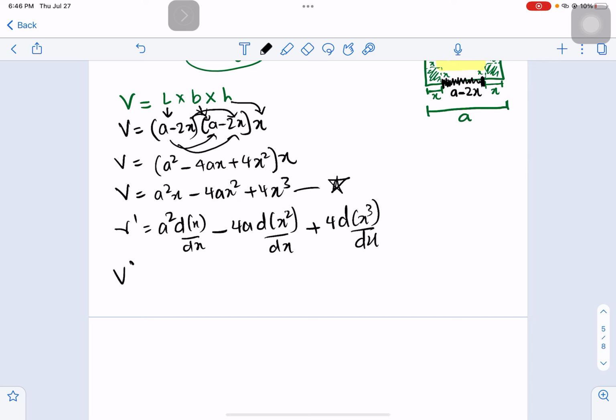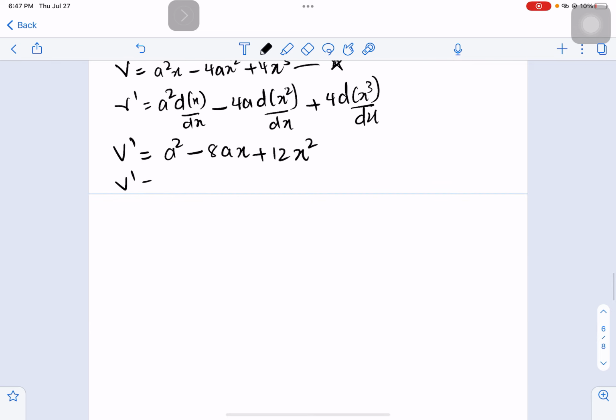So you have v dash equal to a squared minus 8ax plus 12x squared. Now we need to set v dash equal to 0, which implies 12x squared minus 8ax plus a squared equals 0.